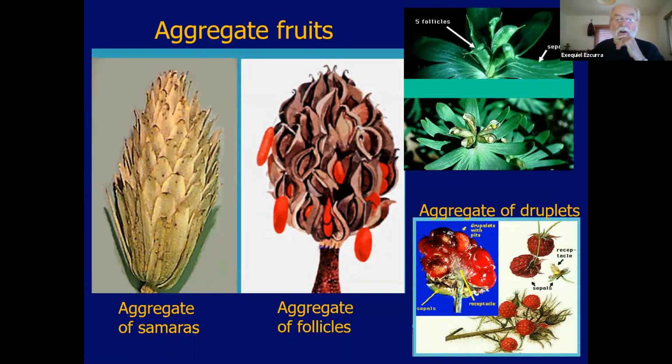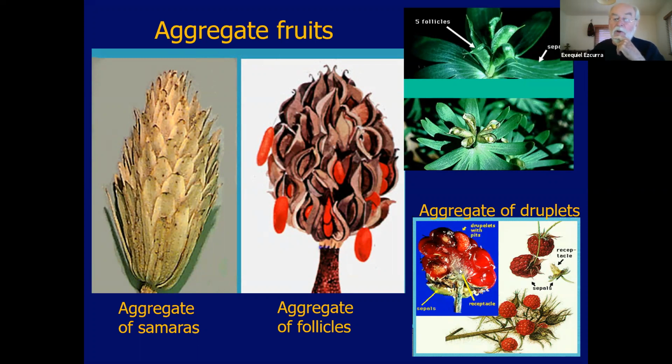So basically, there are of course many other types of aggregate fruits. For example, the famous magnolia that we discussed in a previous class is an aggregate of follicles. Each ovary is separate, and each ovary forms a follicle with a seed inside.